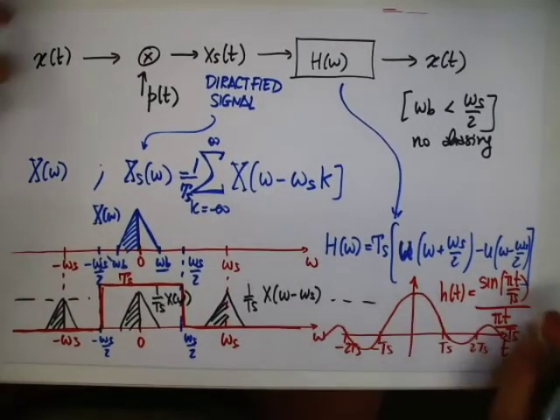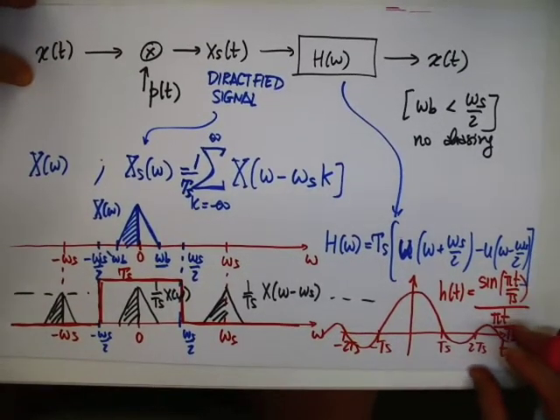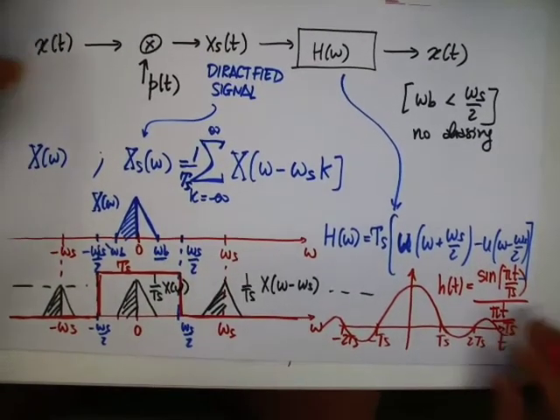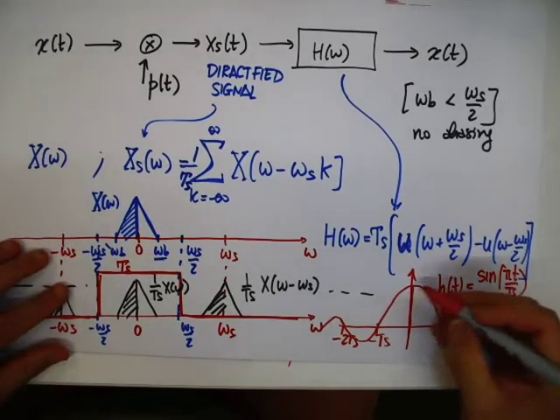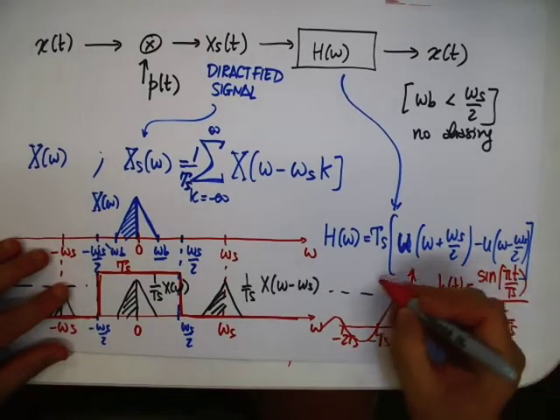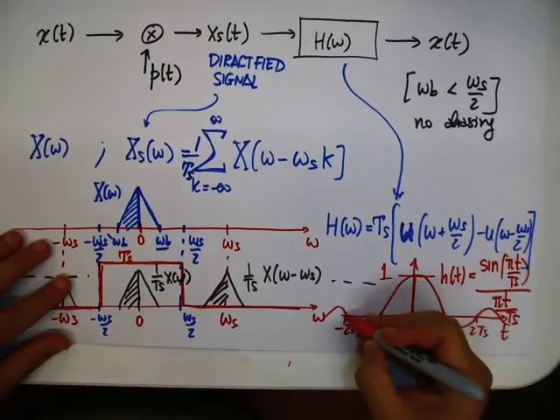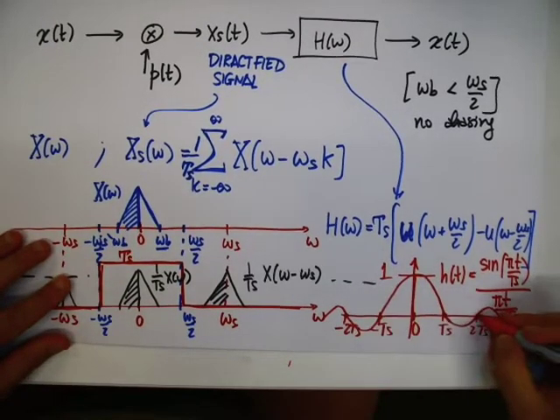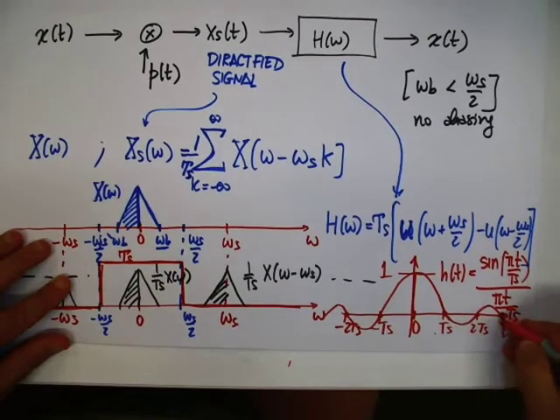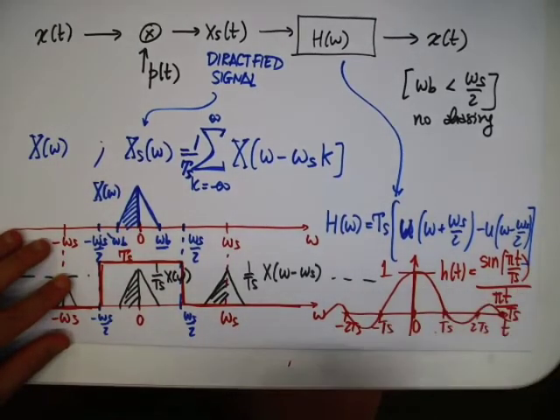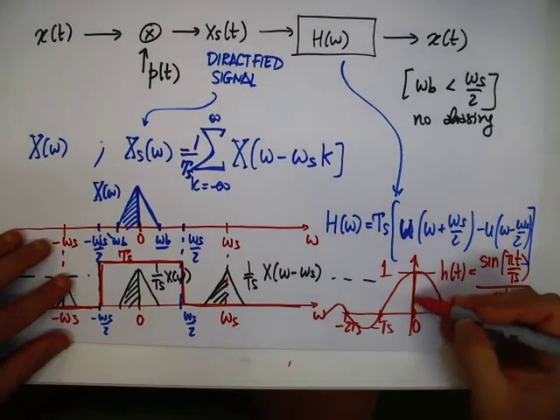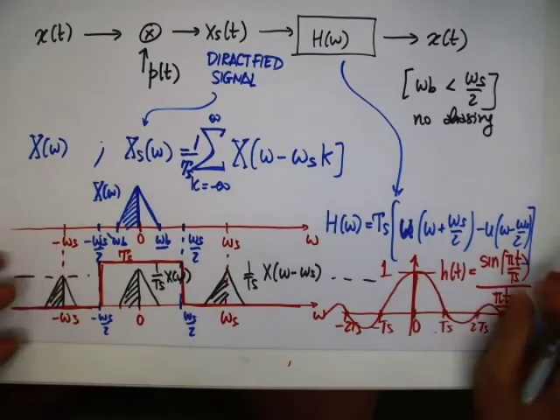And that's the main result, okay? So you can see that the filter is equal to 1 at t equals 0, and then has 0 values at ts, 2ts, 3ts. Because we just have to sample the values, we have to extract the value at t equals 0.